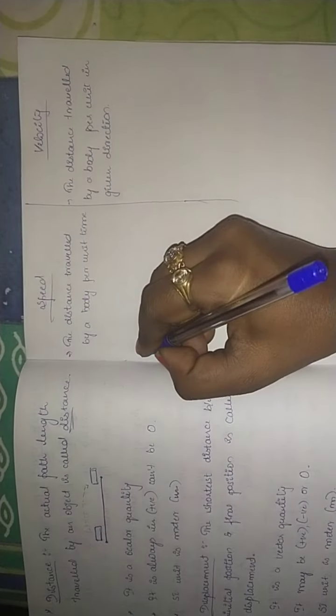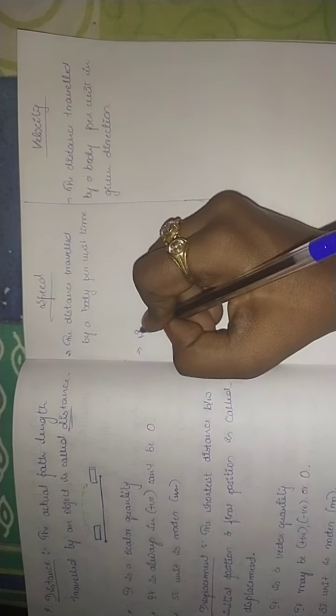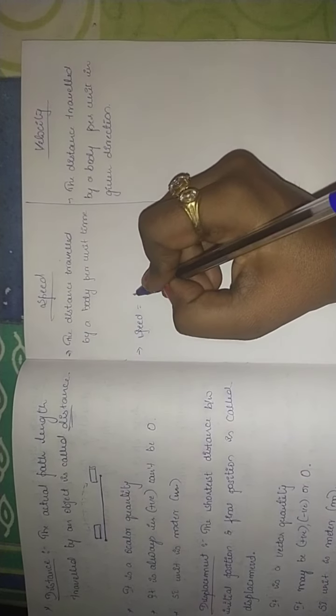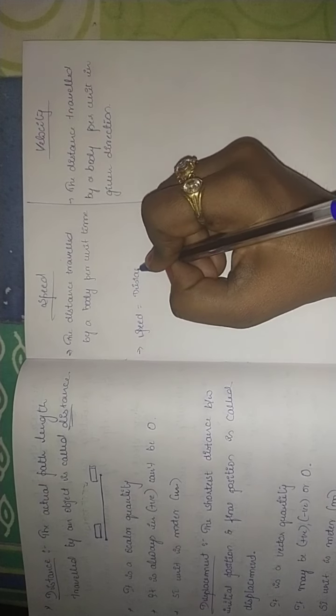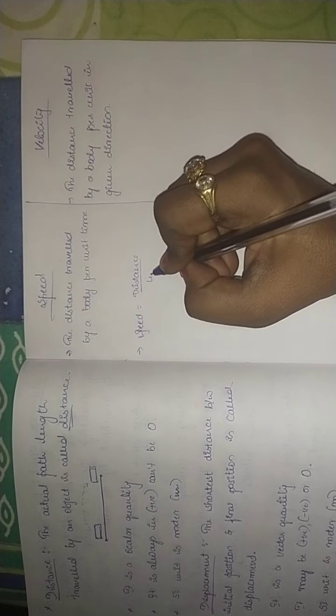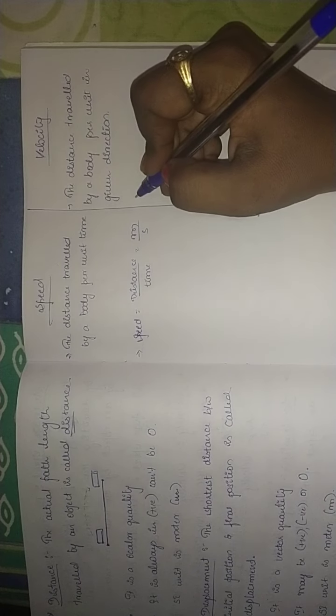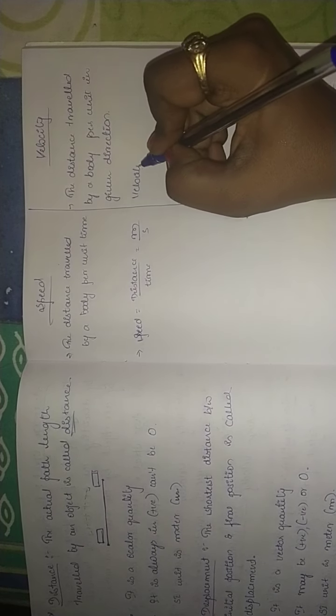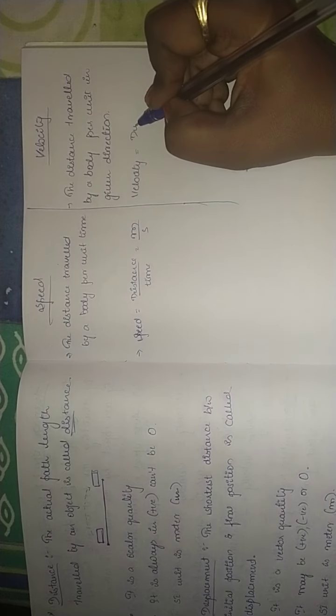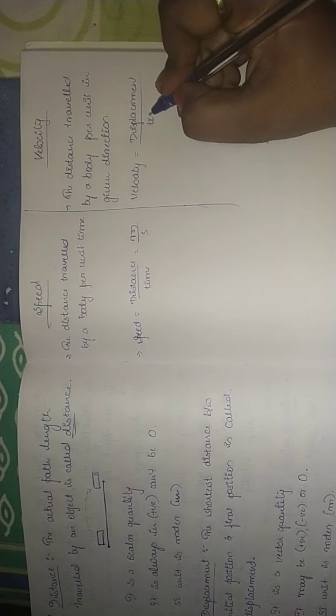So speed is the distance traveled by a body per unit time. Velocity is the distance traveled by a body per unit time in a given direction. So speed is equal to distance divided by time, which we represent as meter per second. Velocity is equal to displacement divided by time. Again here also it is meter per second.